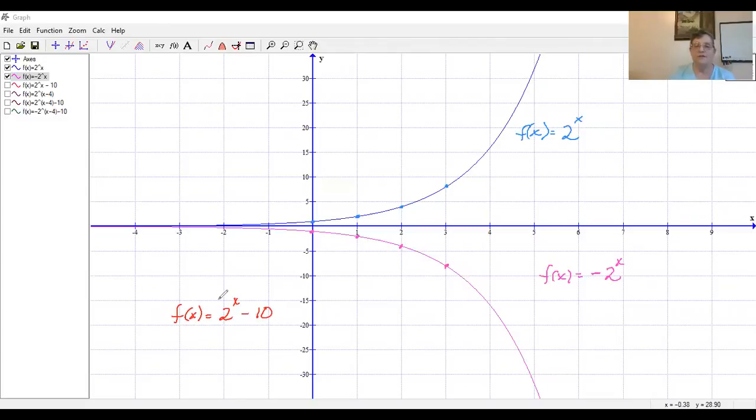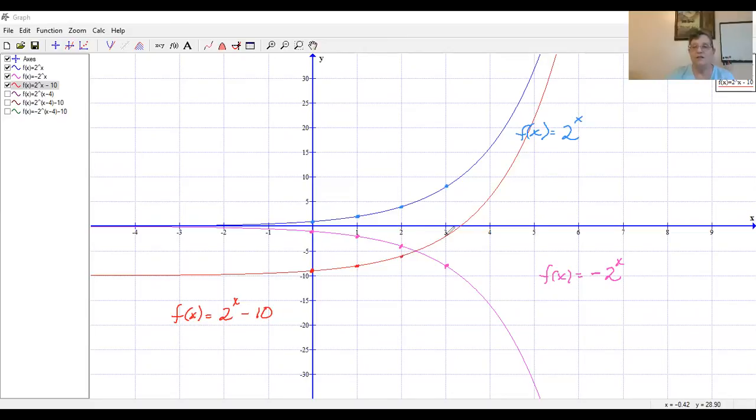If we take all of the values of 2 to the x and subtract 10 from them, it drops the entire graph down 10 units. We now have, instead of the point 0, 1, the point 0, negative 9, because it got dropped down 10 units.